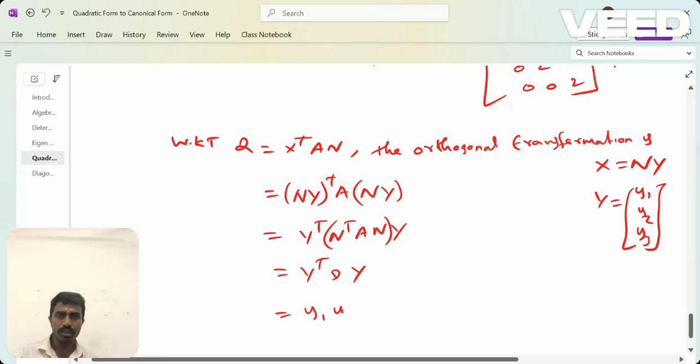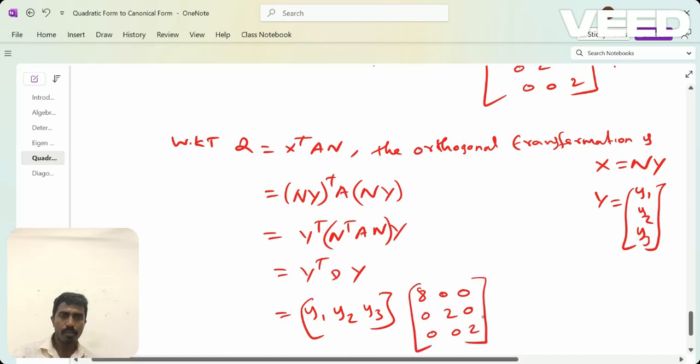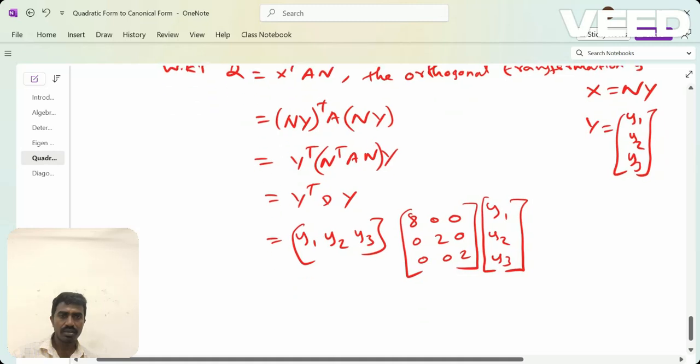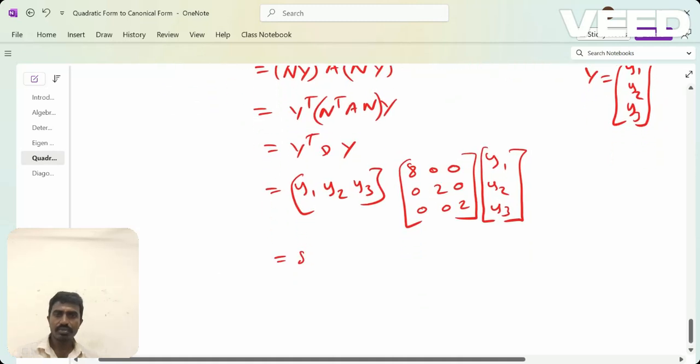So Y transpose is a row matrix, and write the diagonal matrix also. After multiplying these three matrices, we will get 8y1 square plus 2y2 square plus 2y3 square.